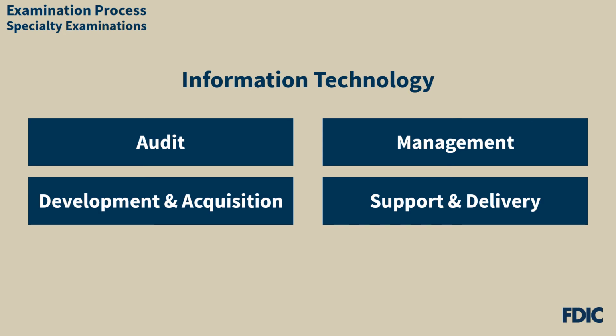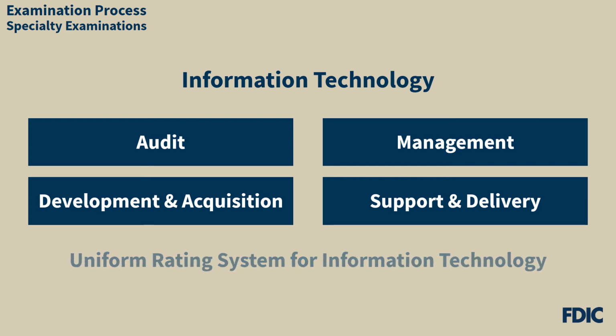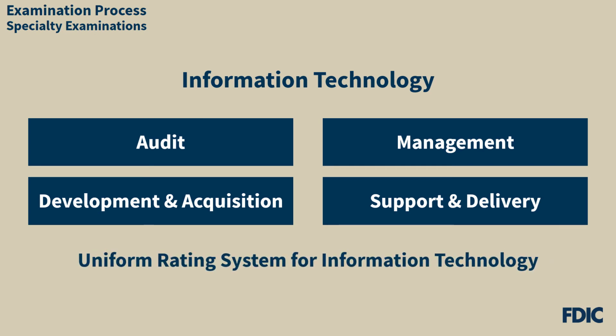The IT components are rated using the Uniform Rating System for Information Technology. A composite rating is assigned based on the reviews of the 4 components. Similar to the ratings for risk management exams, a scale of 1 through 5 is used for IT, with 1 indicating strong performance and 5 indicating critically deficient performance.